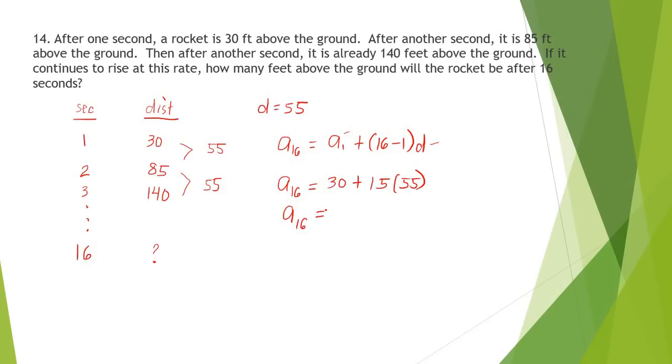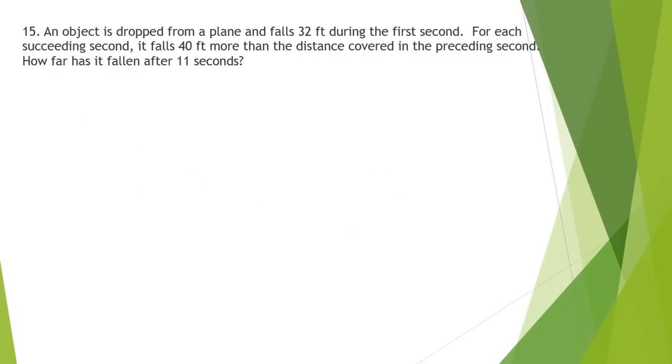Our 16th term is equal to 855 feet, and this is our answer. 855 feet. Okay. The last but not the least illustrative example. An object is dropped from a plane and falls 32 feet during the first second.